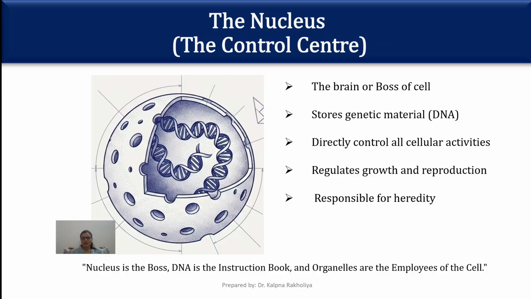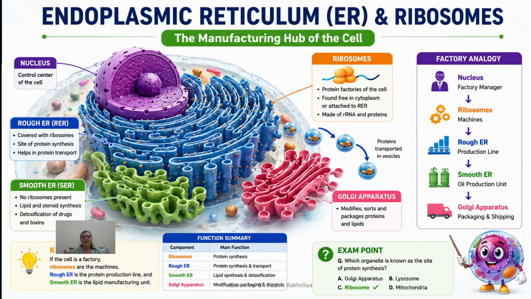After the nucleus, let's move to the endoplasmic reticulum. There are two types of endoplasmic reticulum: rough and smooth. As we already discussed, if there are dots present on the ER, those dots are called ribosomes. If ribosomes are present on the ER, we call it rough endoplasmic reticulum.